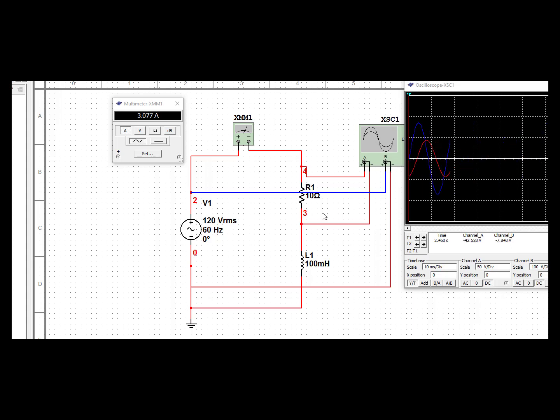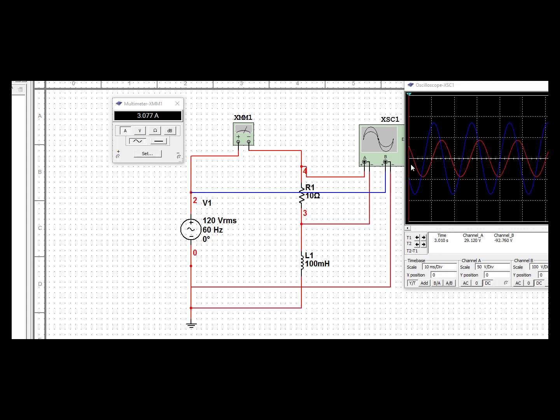And an inductor will always be 90 degrees out of phase, its voltage with its current, but the resistor will be in phase. So if I look at the sine wave for the voltage of the resistor, I'll be looking at the phase relationship for the current as well.